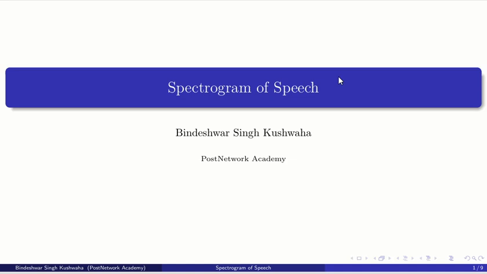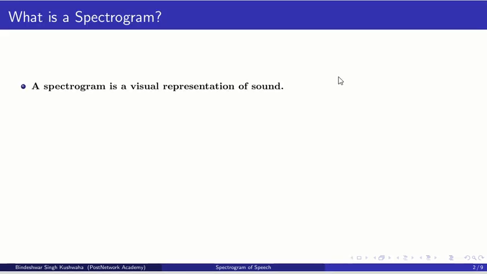This is why spectrograms power speech recognition, speaker ID, emotion detection, and generative models like text to speech and voice cloning. So, without further delay, let us understand what is a spectrogram and how to use it in machine learning, deep learning, and generative AI.